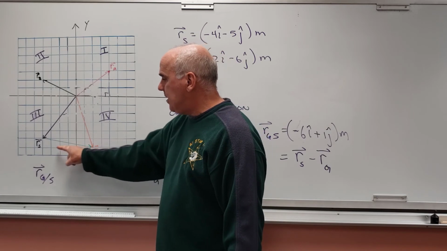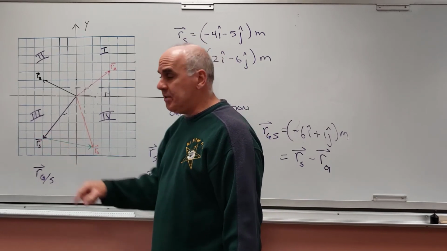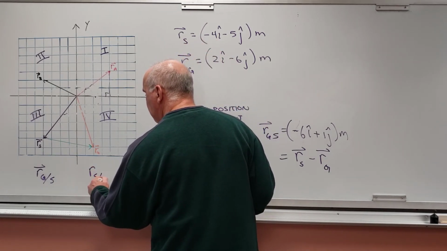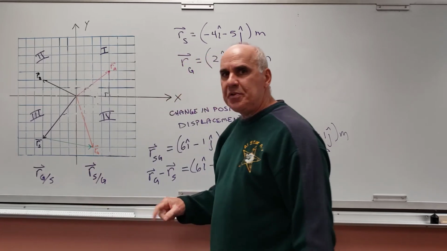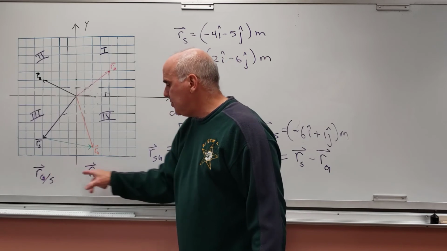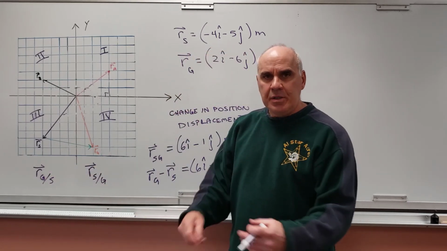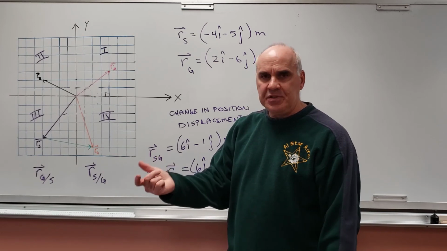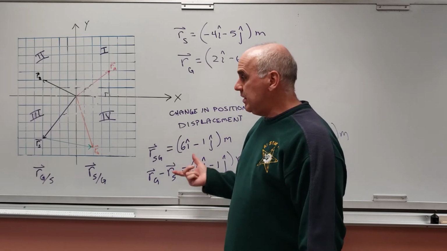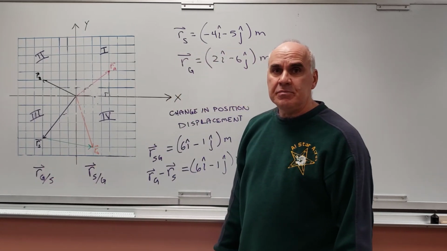Grayson would say Shelby is 6 meters to the left and 1 meter up. That would be the position of Shelby as Grayson sees it, or the position of Shelby with respect to Grayson. And these two, we've switched the subscripts, these two are negative of each other. Change pluses to minuses and minuses to pluses in each term, even in 2 dimensions. So they're the opposite of each other.